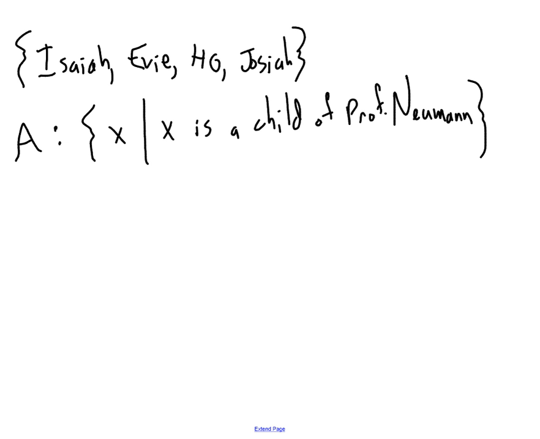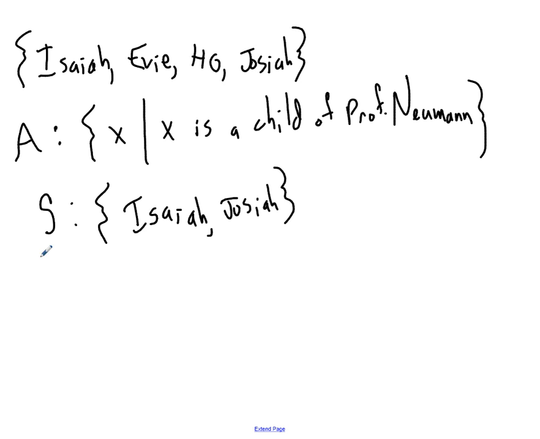Now let's take another look at set A. And from this set, I can describe set S and set D. You want to guess what D and S stand for here?